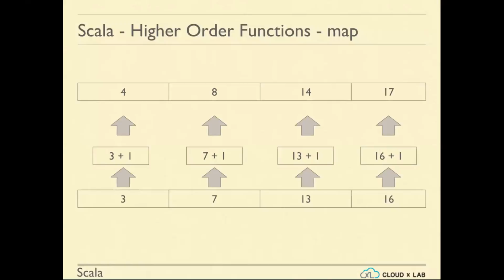You only describe your operation, like how to increase one element, what to do on each element, and this part is your function. This function is being called how many times? One for every element. So 1, 2, 3, 4. 4 times it's being called.